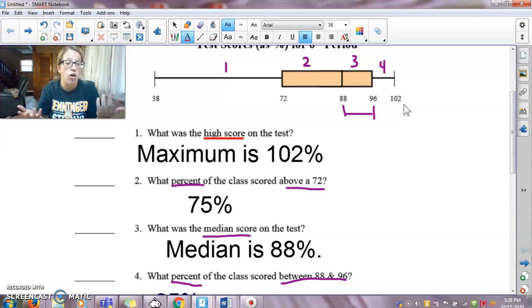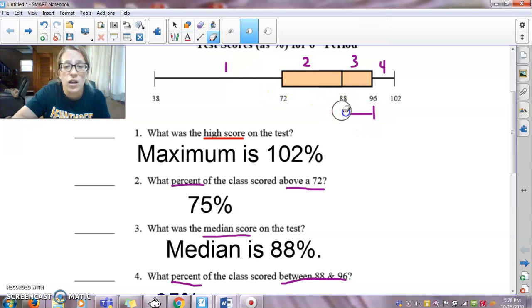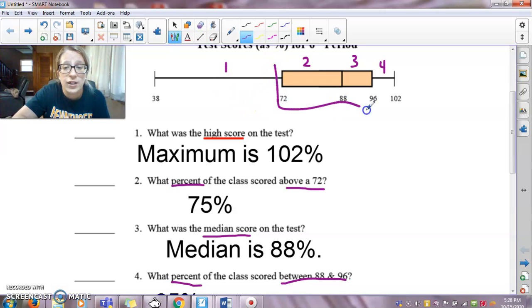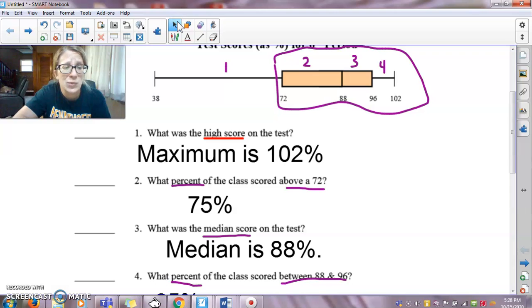Well, if it's hard, I probably fail it. If it's not hard, I'll probably pass it. So if we can see that a majority of our students are right here, and we only have the minimum at this low point, then that tells me this test wasn't hard.